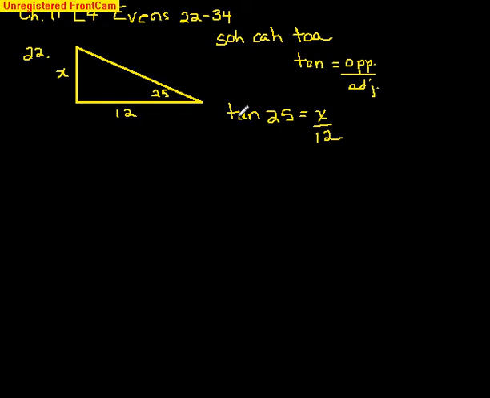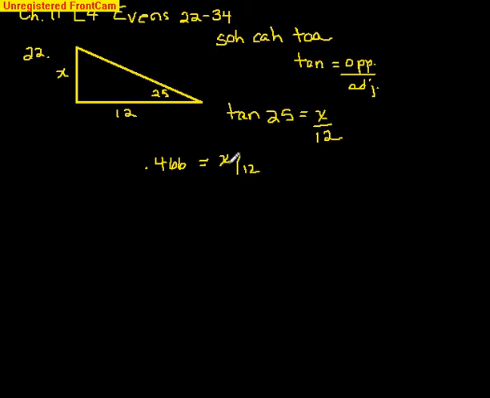So when we put that in, let me just put that in real quick. Sorry about that. 25 tangent. I get 0.466 equals x over 12.